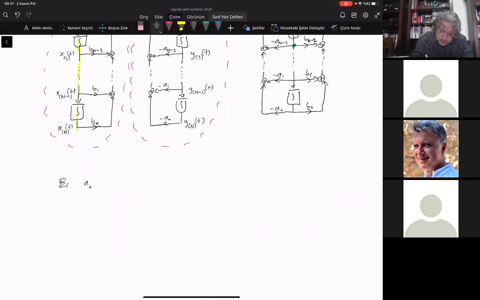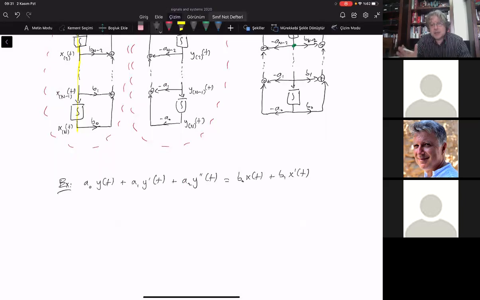What I mean is this. This is one example. You may want to work on it, but I don't really intend to ask this as an exam question. It would be too difficult. A0 y of t plus a1 y prime of t plus a2 y double prime of t is equal to b0 x of t plus b1 x prime of t. So as you see, the right hand side of the equation does not go until the second derivative.